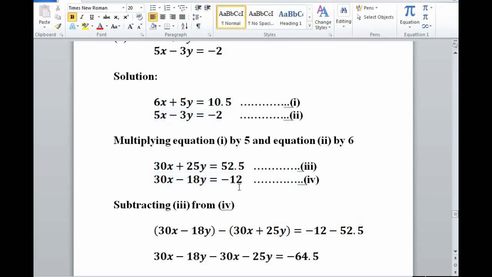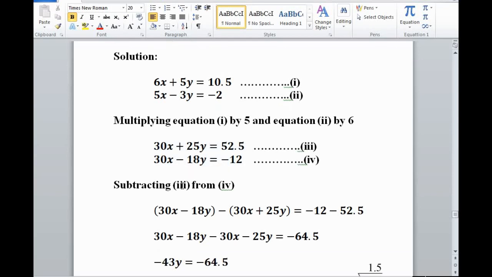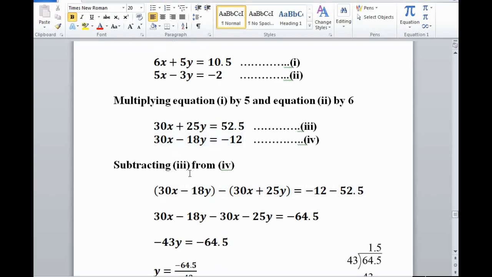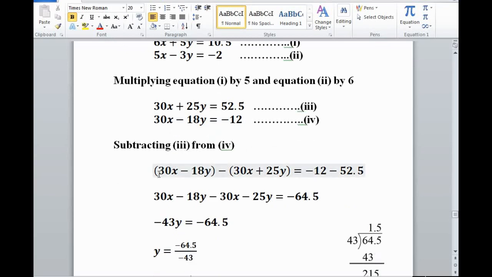And now we have the same values of the coefficients of variable x in equation 3 and equation 4. So now to eliminate x, let's subtract equation 3 from 4 or equation 4 from 3. So first I will write the left hand side of equation 4, which is 30x minus 18y, minus the left hand side of equation 3, which is 30x plus 25y, equals the right hand side of equation 4, minus 12, subtract the right hand side of equation 3, 52.5.